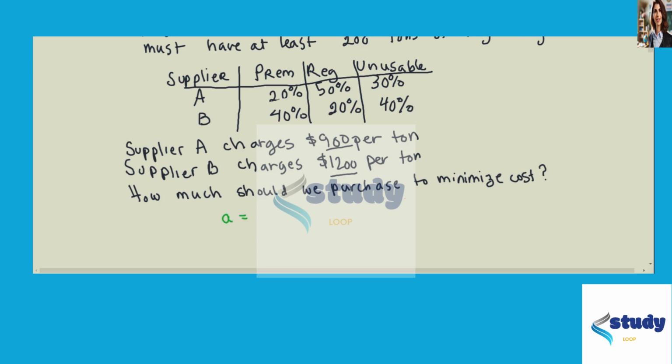So we'll let A be tons from supplier A, and B will be tons from supplier B. And we are trying to minimize the cost, which is $900 per ton, and we're buying A tons, so 900A plus $1,200 per ton for B tons, 1,200B.